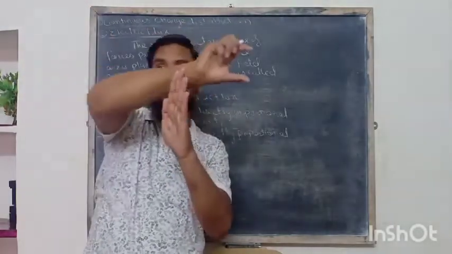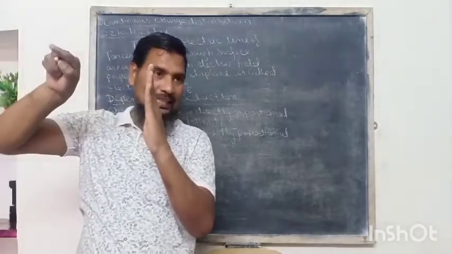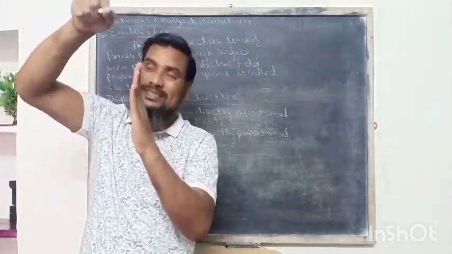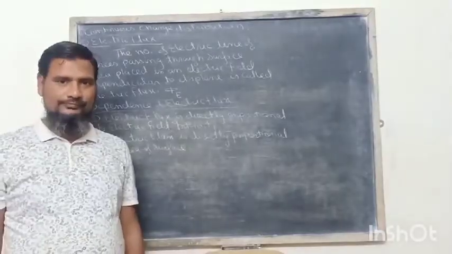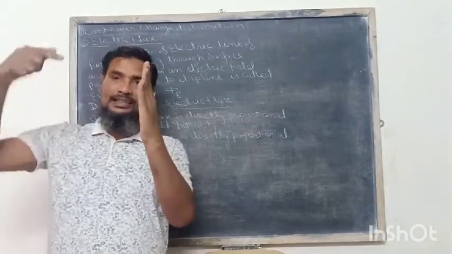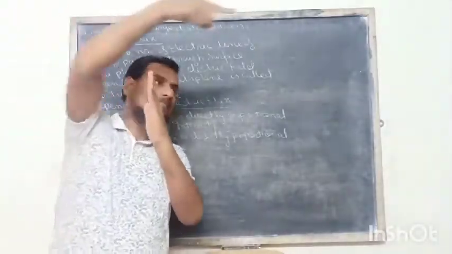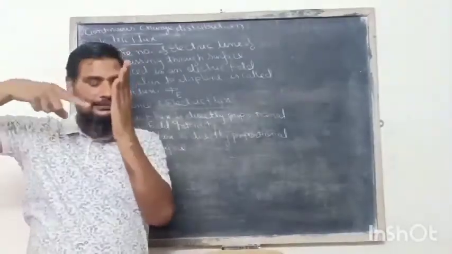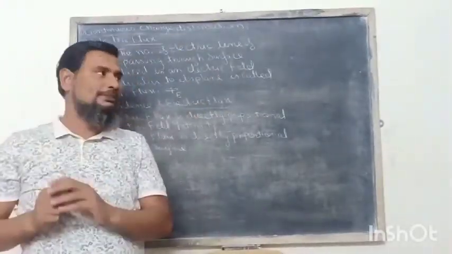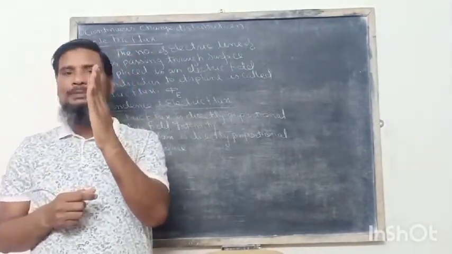Both are parallel to one another, which means the angle between the electric field intensity and the surface area is 0, because the direction of electric field intensity is this direction and the direction of area is this. So the maximum number of electric lines of force are passing through.